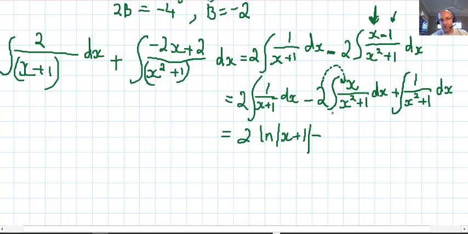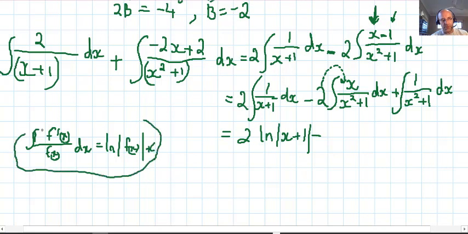That way it's 2x, it's minus the integral of 2x over x squared plus 1, and that's your form of the integral of f dash of x over f of x dx equals natural log f of x plus c. Alright, it's an earlier antiderivative we've done. Okay, so we would have log f of x, in this case x squared plus 1. So minus natural log x squared plus 1.